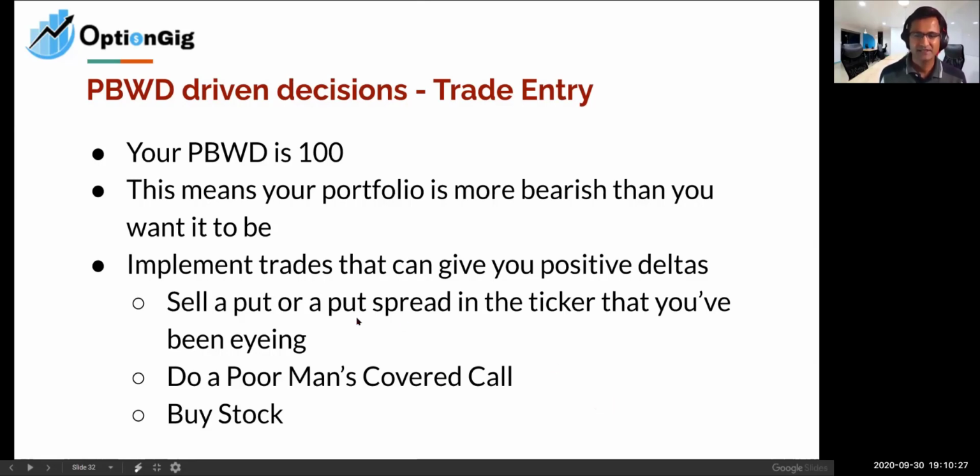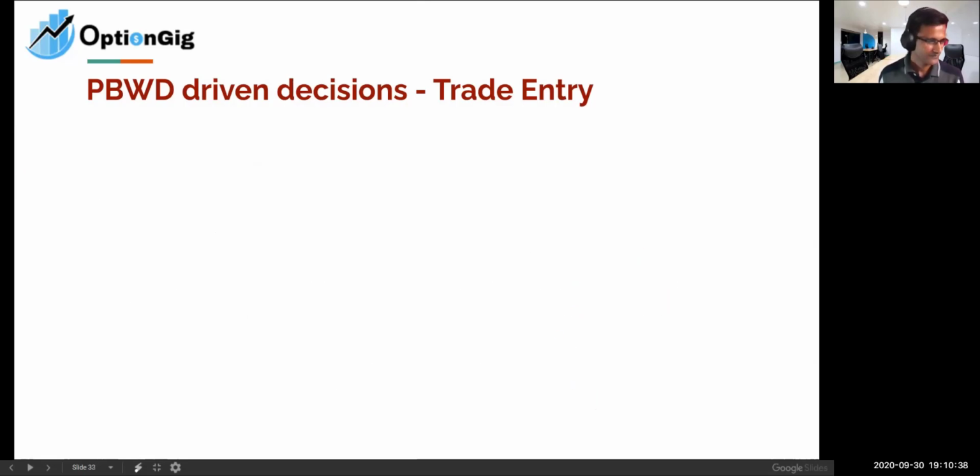But the net result is, if your portfolio is now less bullish than what you want it to be, you need to pick up some trades that give you positive deltas. So if you own stock but no options, your delta is positive. If you just own stocks, your delta will be positive. Or if you have just short stock, your delta will be negative.